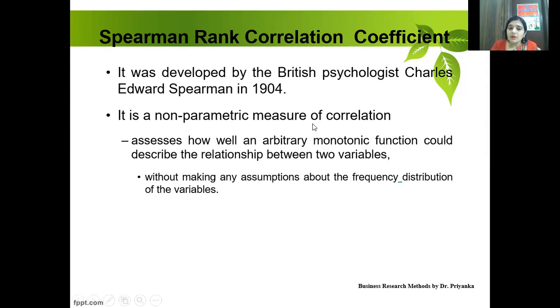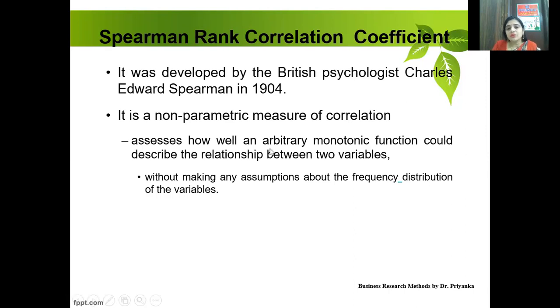It is a non-parametric measure of correlation. In normal correlation, when we discussed Pearson's correlation coefficient, it was a parametric measure of correlation, and Spearman rank correlation coefficient is your non-parametric measure of correlation.